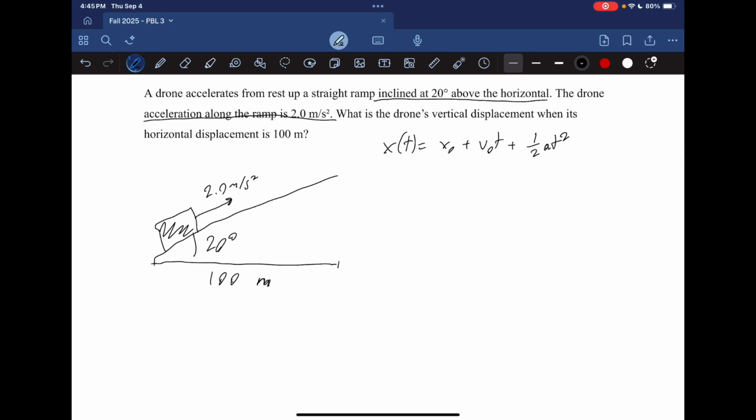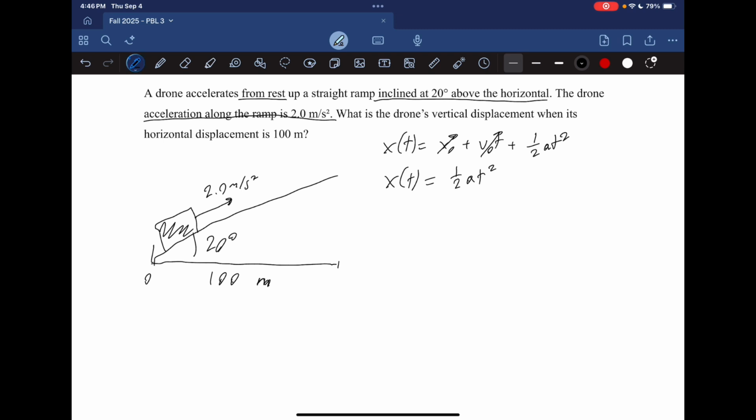In this case, I'm just going to set x naught to be 0. So this term goes to 0. And then it says it accelerates from rest, so v naught is also 0. So x of t is based purely on 1/2 at squared.